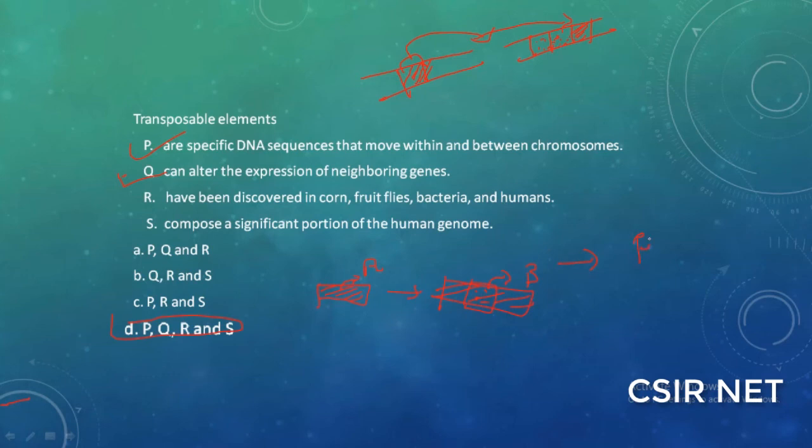So protein expression will be different. Now, have been discovered in corn, fruit fly, bacteria and human, which is also true, and it composes a significant portion of the human genome. So it is found in the case of the human genome. Next question.